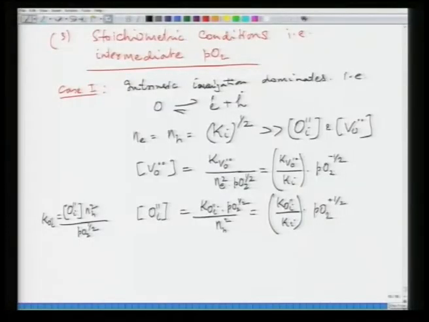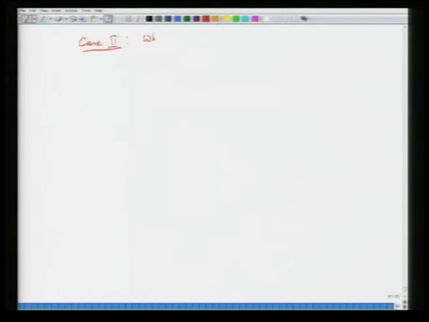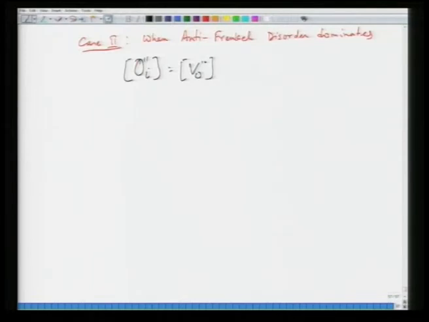Now, case 2 can be when anti-Frenkel disorder dominates, which means OI is equal to VO is equal to Kf to the power half, much larger than both Ne and NH.